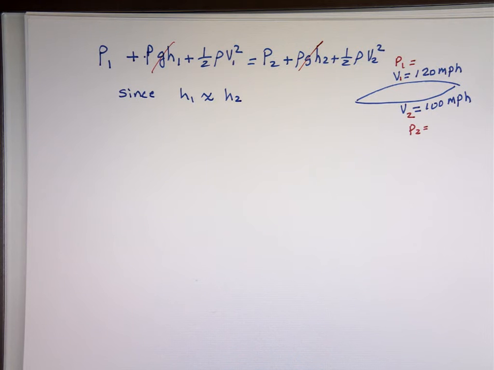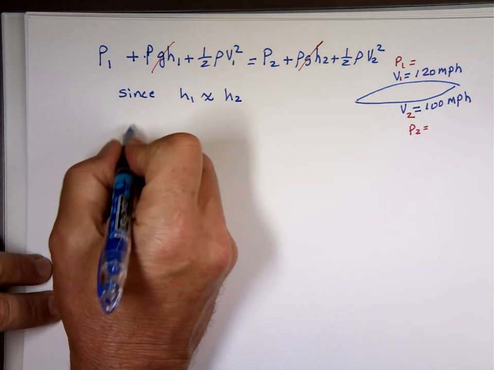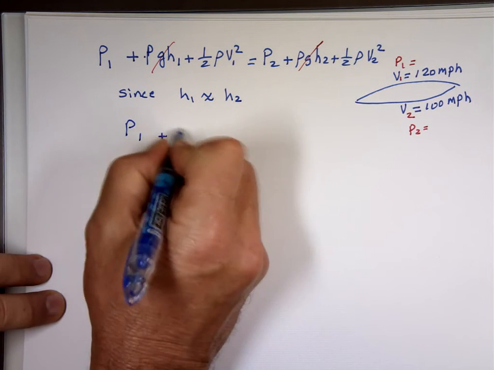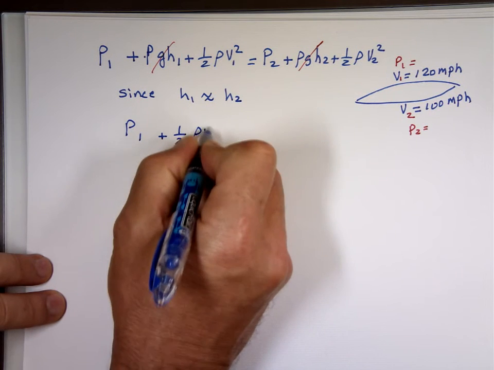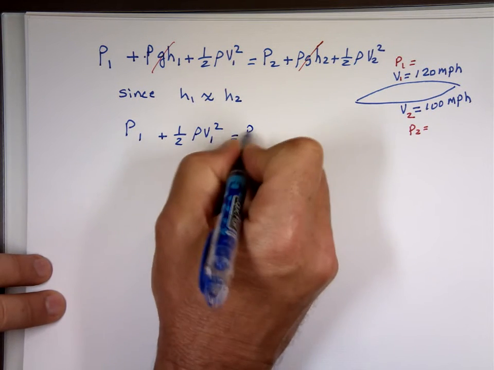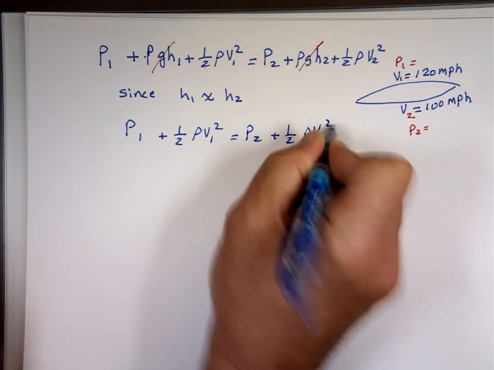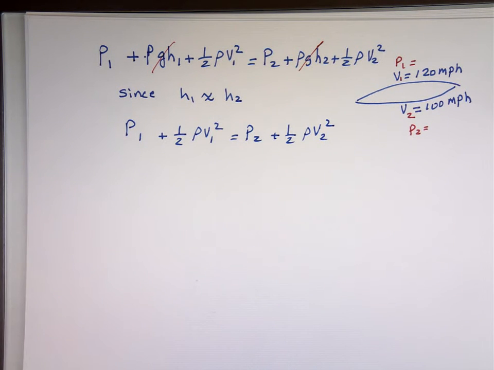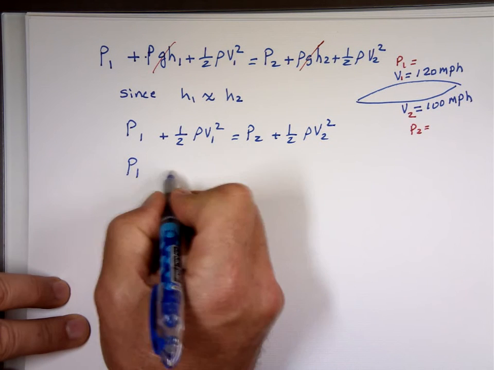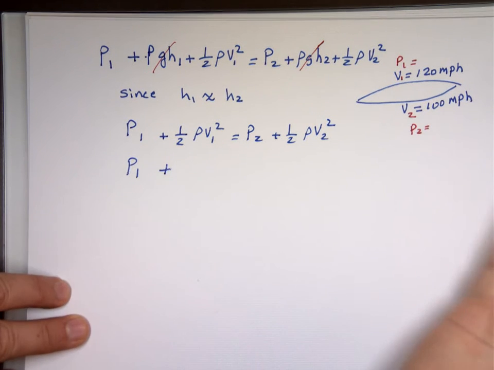It's not going to make much of a difference. So the equation becomes pressure 1 plus 1/2 rho V1 squared equals pressure 2 plus 1/2 rho V2 squared. Pressure 1, I never gave you pressure 1, but that's okay.